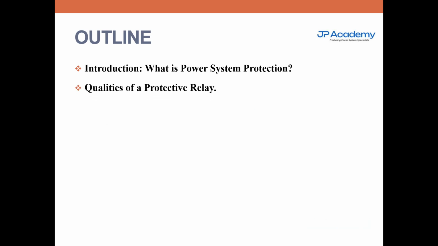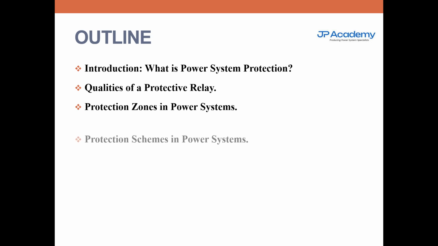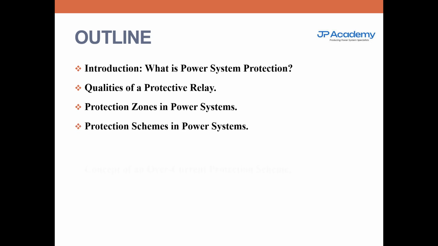We are going to be following a guide to enable simplicity, and we are going to begin with the concept of power system protection. What is power system protection all about? Then we move into the qualities of a protective relay. Then we talk about protection zones in electrical power systems. Then we move on to protection schemes. And we are going to start with a brief explanation of what an overcurrent protection scheme is all about.